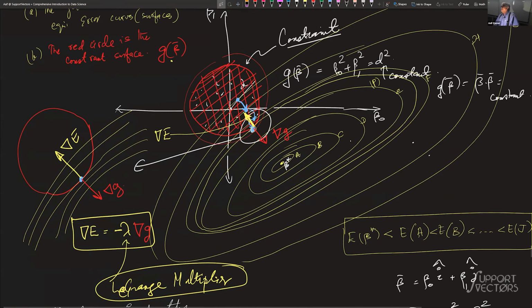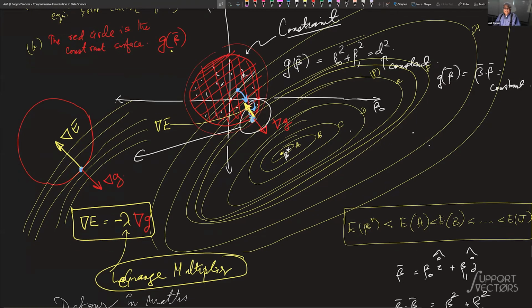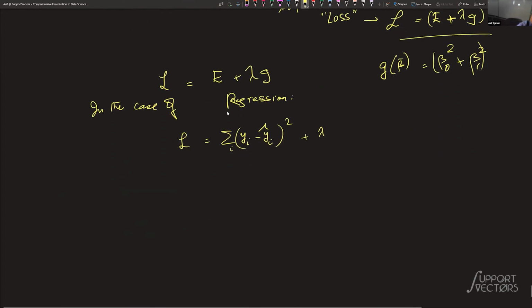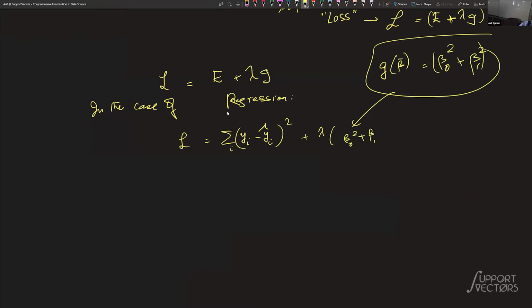Do you see this, guys? This is the hypothesis space. In the hypothesis space, the equation is in terms of betas, right? So let's bring it here. So this is equal to beta naught square plus beta 1 square, right? So people often write this equation as square plus lambda summation of beta j square, right?